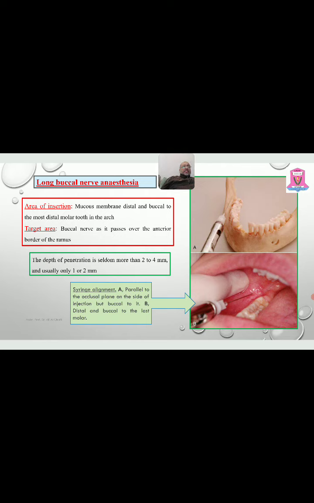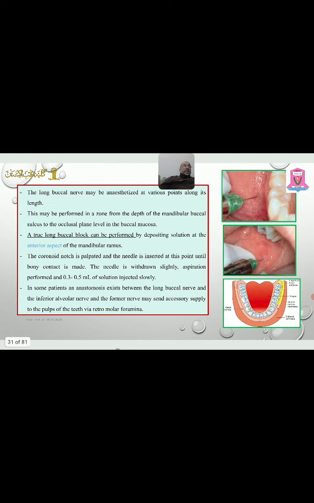A syringe alignment parallel to the occlusal plane on the side of injection, buccal to it, and distal to the last molar tooth. The long buccal nerve may be anesthetized at various points along its length. ممكن مو إلا طريقة شوية تتقدم لي قدام. يعني مو إلا at the anterior border of ramus تقدر نهاية تعطي الانستيزيا مالتك.